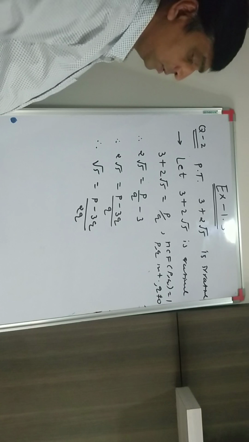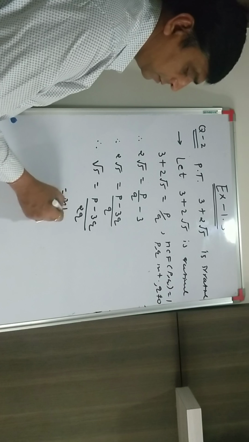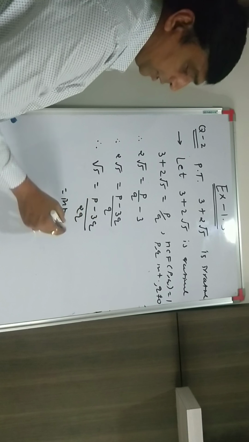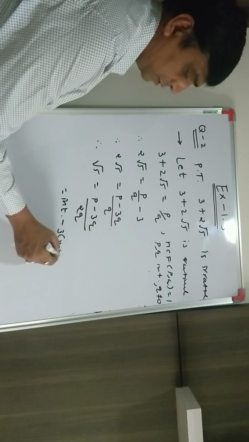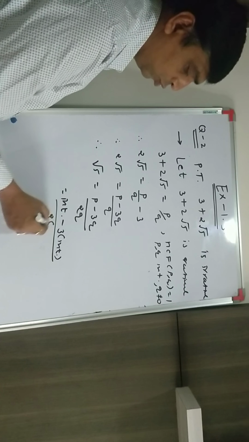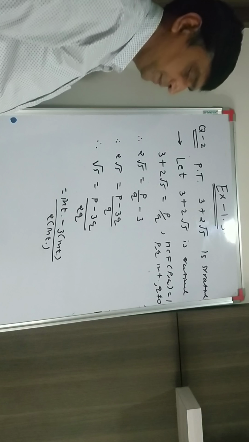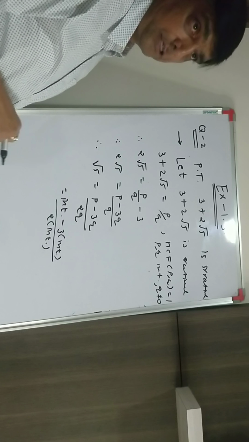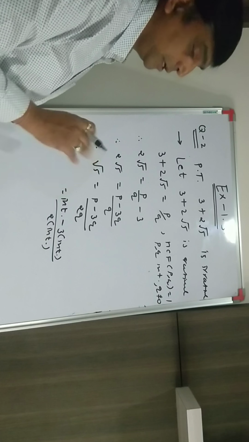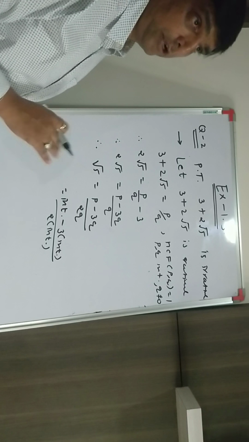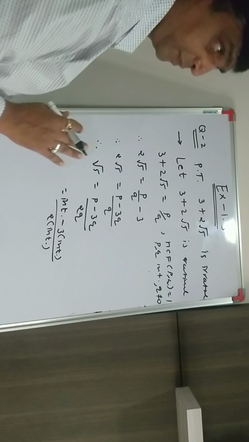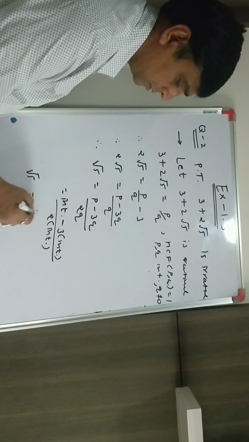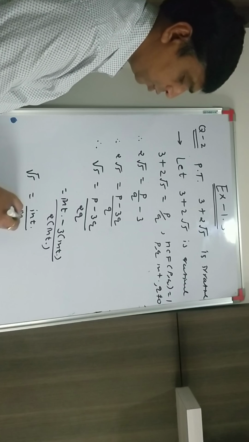So now P is integer, minus 3Q is also integer, 2Q is also integer. When we multiply any number with integer, it remains integer. Integer minus integer is also integer. Integer into multiplication, integer. So root 5 equals integer upon integer.